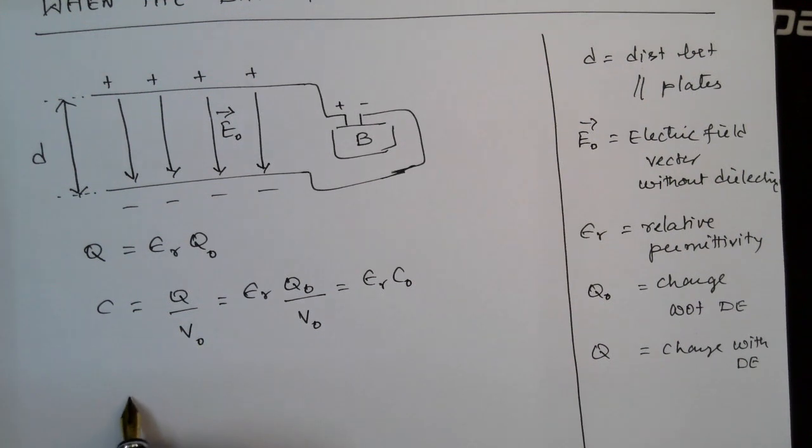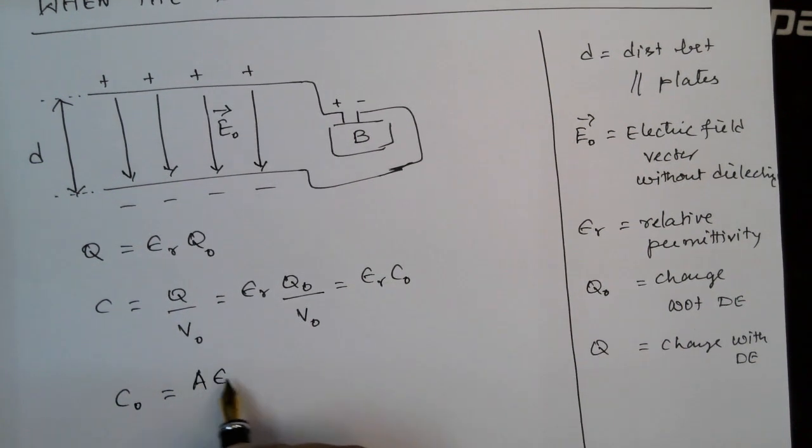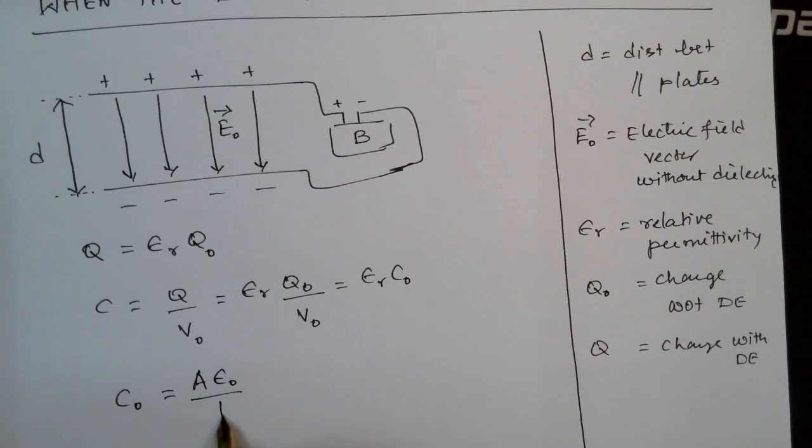Now this C naught is equal to, according to the equation, A into epsilon naught divided by d, right?